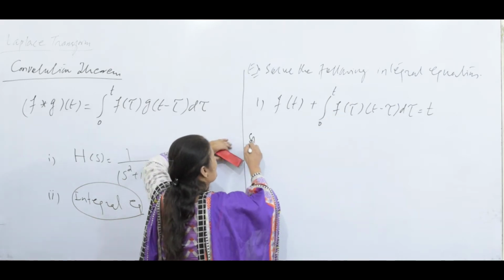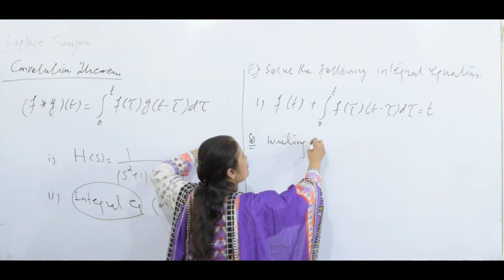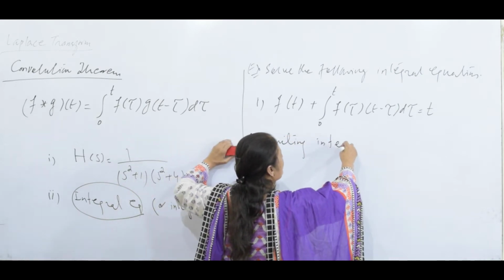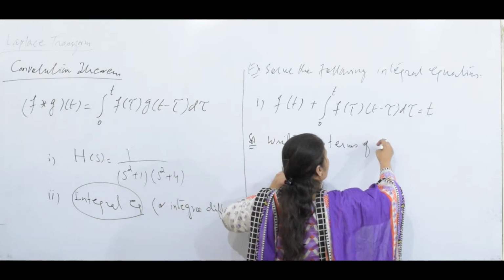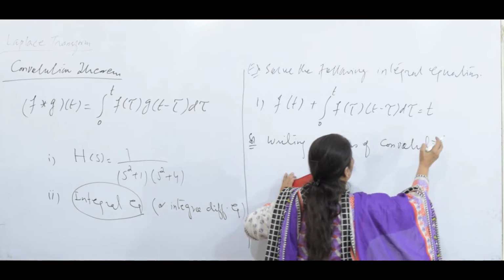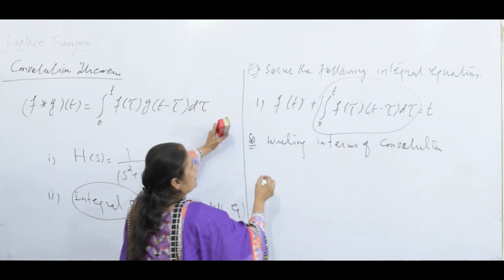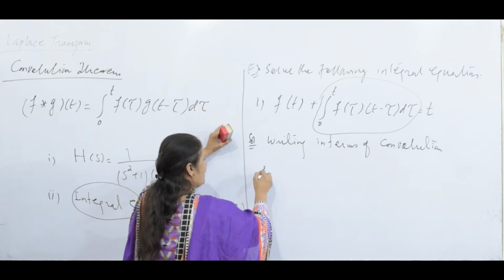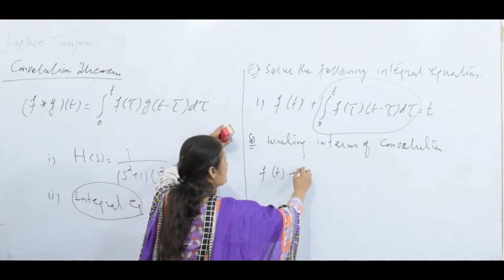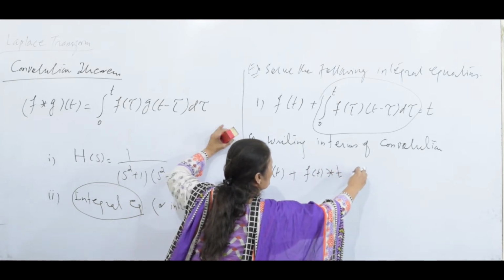So solution. Step 1 is writing in terms of convolution. This is written as f(t) as it is plus f(t) convolve t is equal to t.